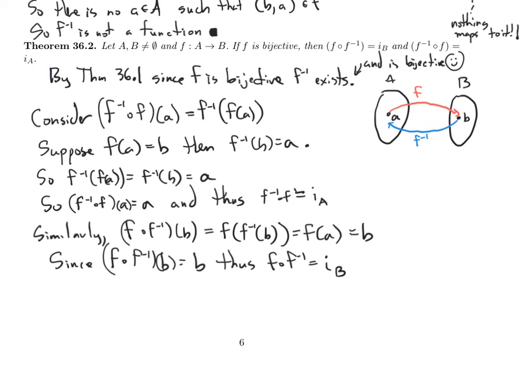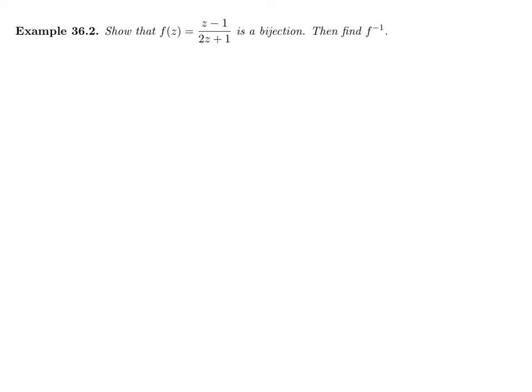Now that we talked about inverses in general, let's look at some specific concrete examples. Let's look at this question. So we have a function f of z, and note that there is no domain written here. There's an implied domain, and in fact, we're going to have to be careful.